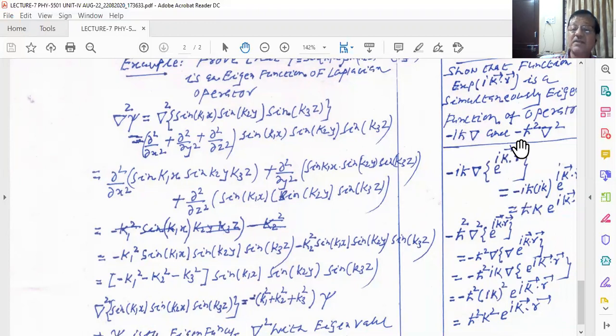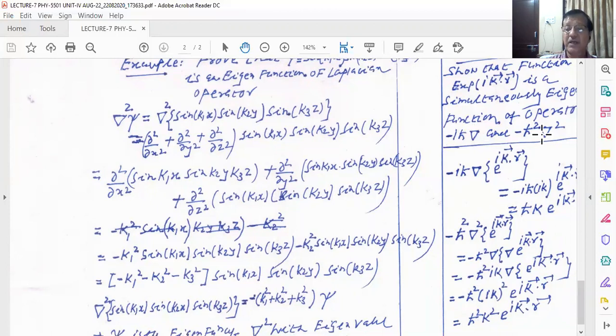And for the operator minus h cross square del square, the eigenvalue is h cross square k square. So e to the power of ik dot r is a simultaneous eigenfunction of the operators minus i h cross del and minus h cross square del square.